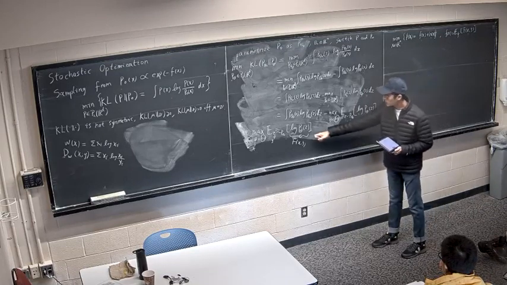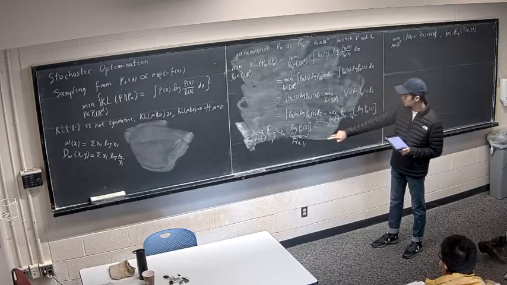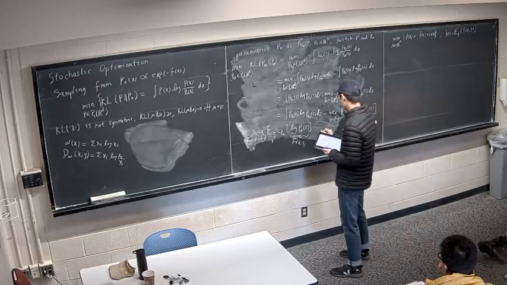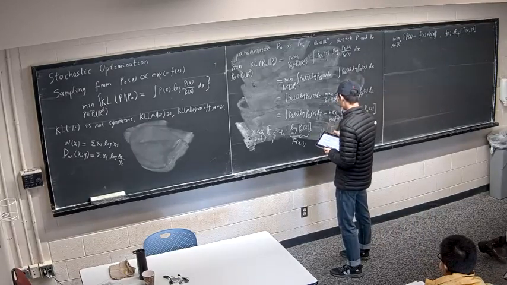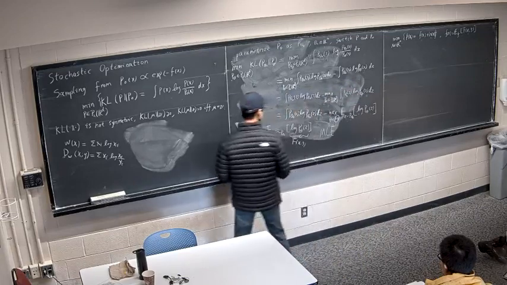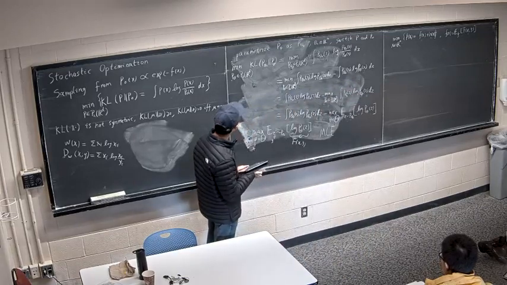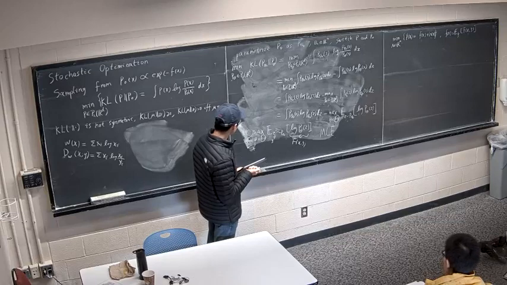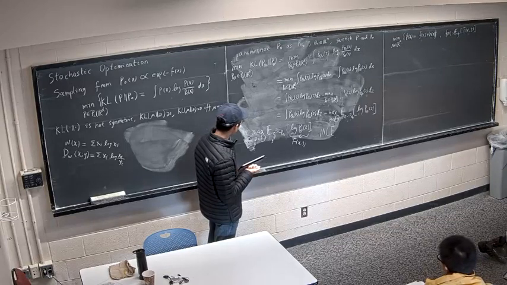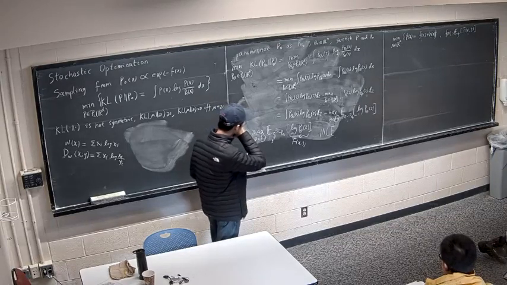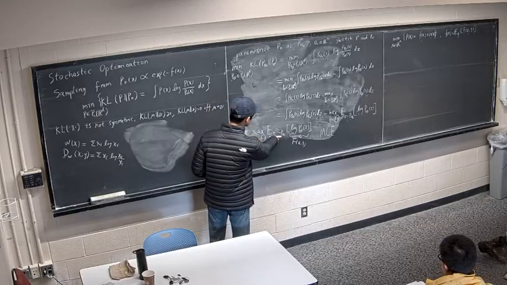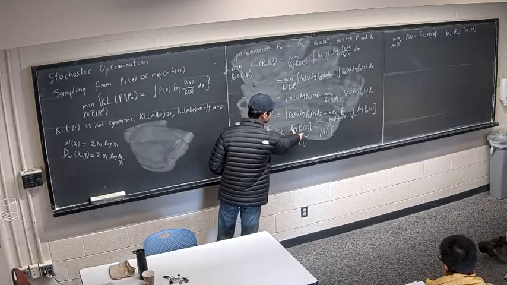What we do here is indeed MLE, maximum likelihood estimation, because in maximum likelihood estimation, we usually parameterize the distribution. And the way we solve this, here is the log likelihood of the density, right?